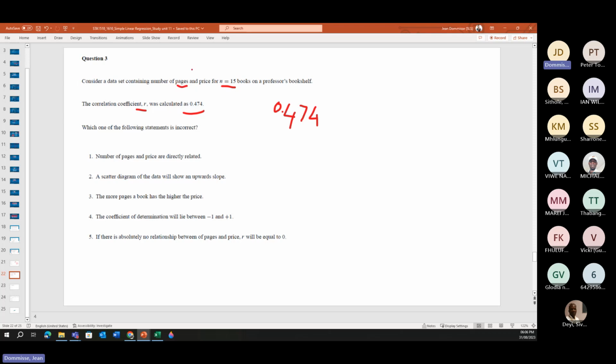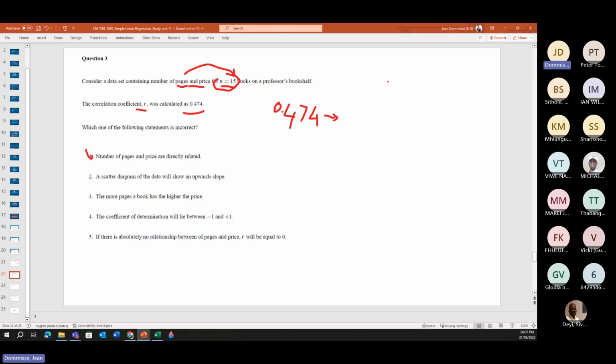So they give us the number of pages and price for 14 or 15 books. Okay, so number of pages and price are directly related. Yes, it is. It's not strong, but there is still a relationship.